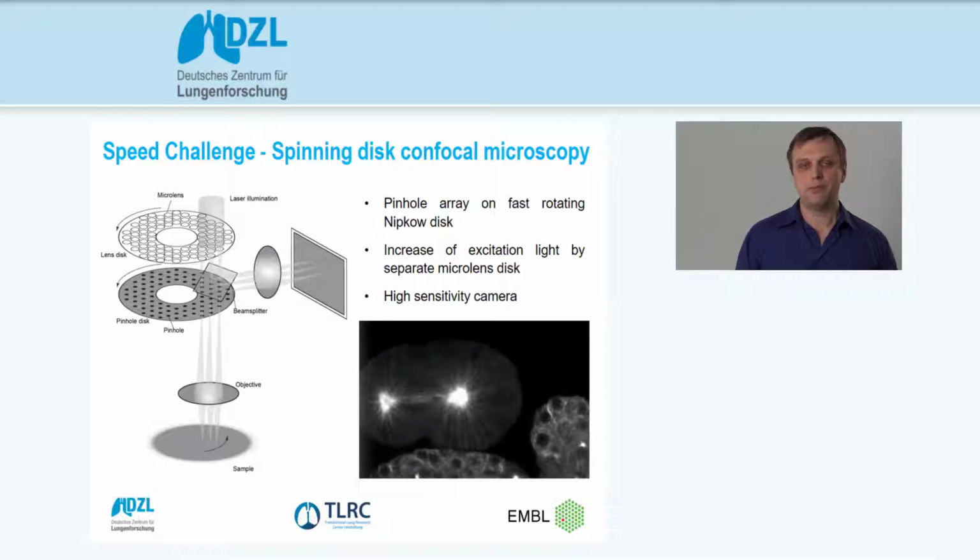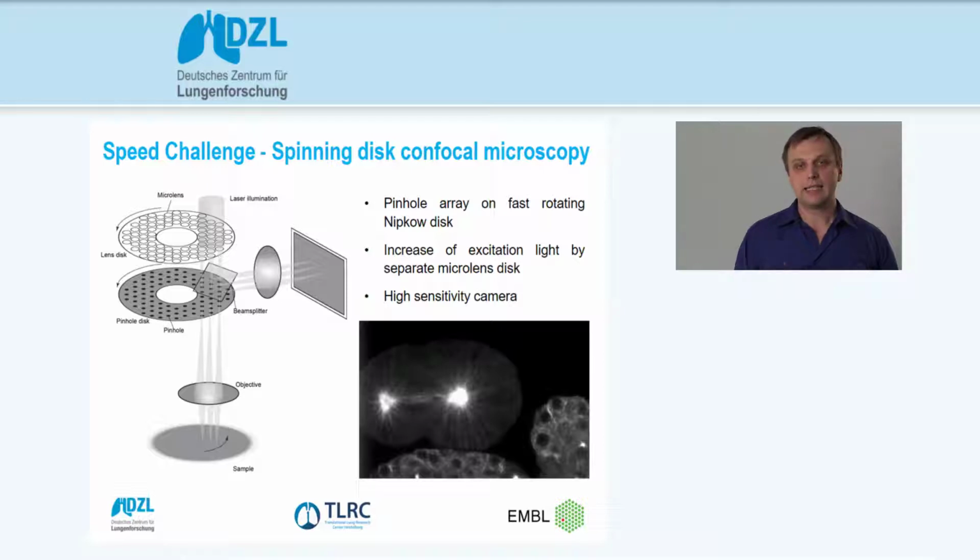For that purpose and for some others, we can use a similar principle, implemented differently in terms of the hardware, which is called spinning disk confocal microscope. In this case, pinholes are placed in a so-called Nipkow disk, which is rotating at a fast speed.